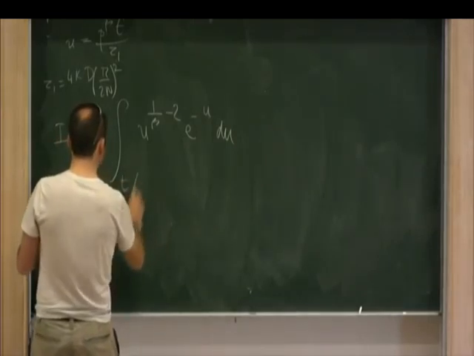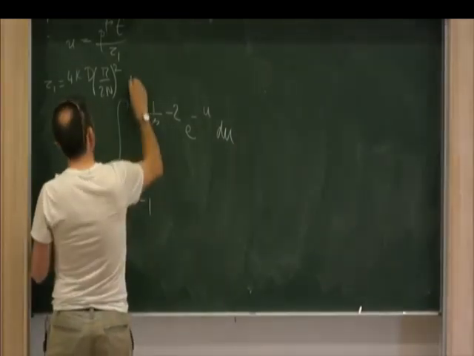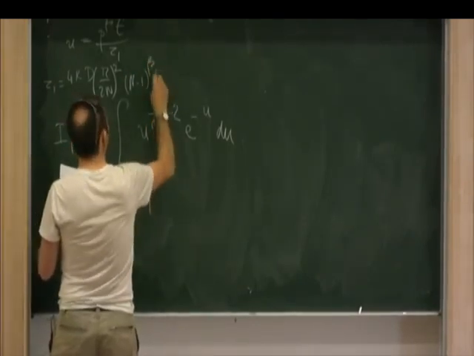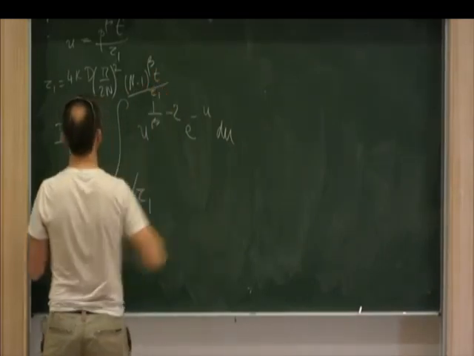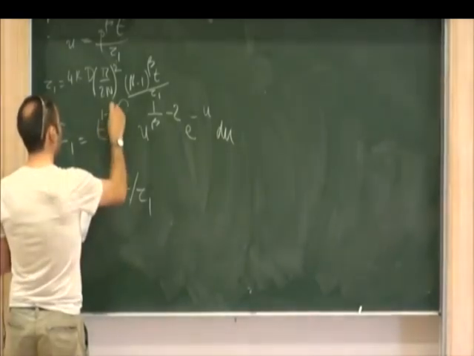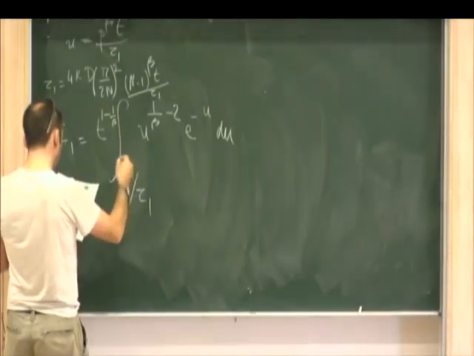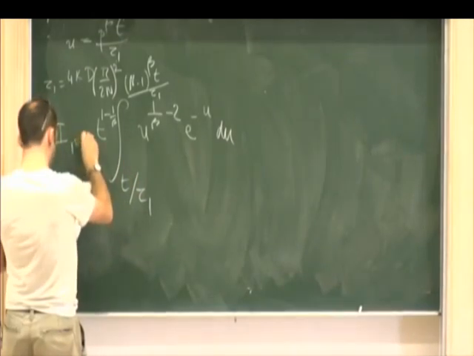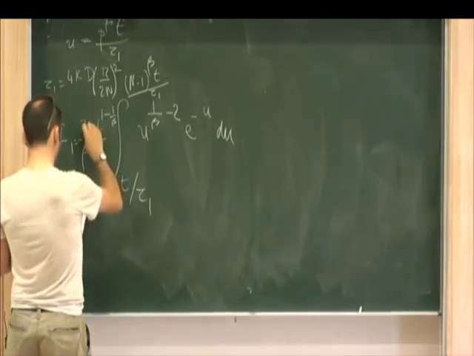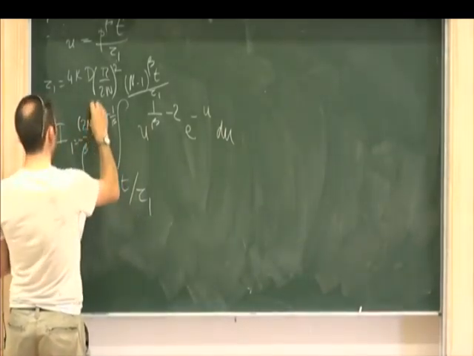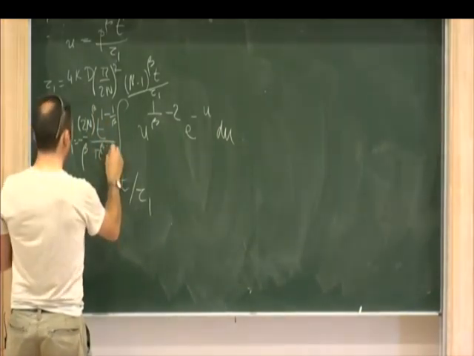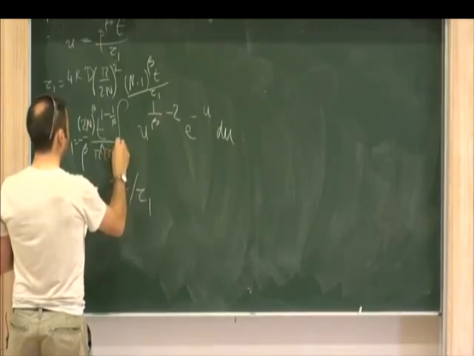You have t divided by tau 1, n minus 1 here to power beta, t divided by tau 1. And there is a term here which is t to some power 1 minus 1 divided by beta. And then there are other terms. So this is minus 1 divided by beta, 2n to the power beta, pi to the power beta, and there is also tau 1 to the power 1 minus 1 divided by beta.